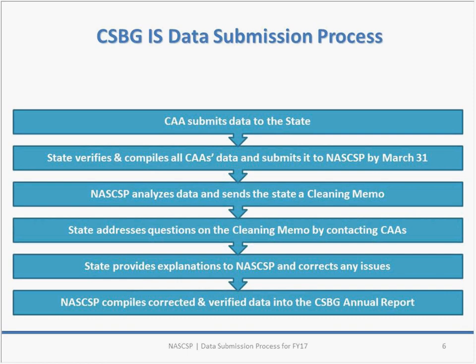NASCAS then reviews and analyzes the data and sends the state a cleaning memo. The state then addresses any questions on the cleaning memo by going back and contacting the Community Action Agencies. The state then provides those explanations to NASCAS and corrects any issues in the database. And finally, NASCAS compiles the corrected and verified data into the new CSBG annual report.